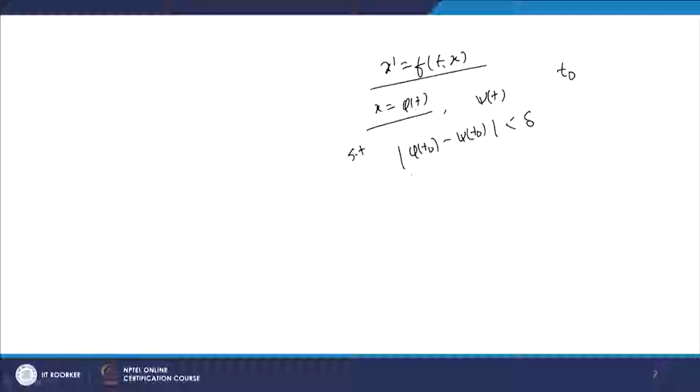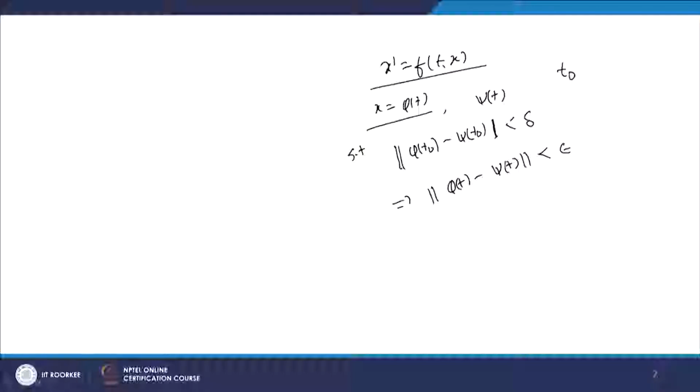So, if we take any other solution psi(t) such that the norm of phi(t naught) minus psi(t naught) is less than delta, this implies that the norm of phi(t) minus psi(t) is less than some epsilon.